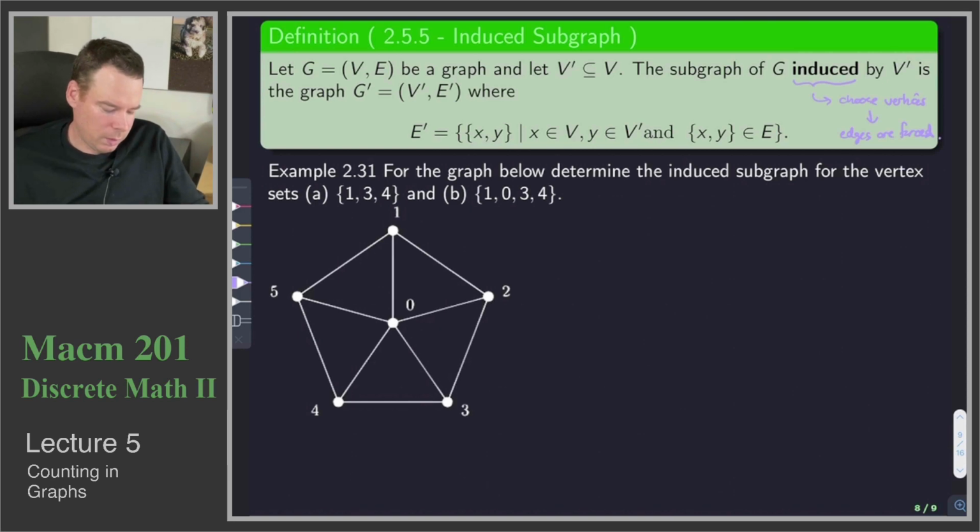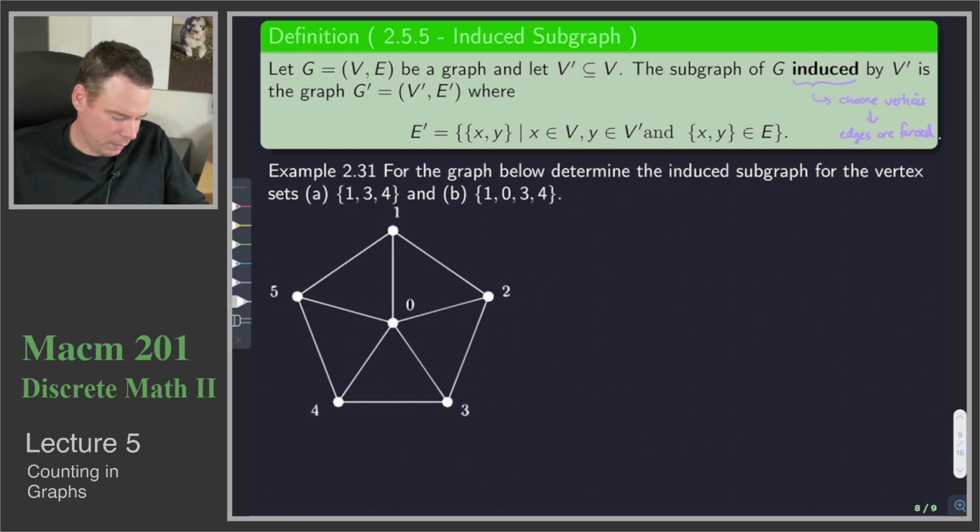Once we have V prime, which is a subset of the original vertex set, the subgraph of G induced by V prime is the graph consisting of the vertices V prime and edges, which consist of all the edges from the original graph that connect vertices in V prime.